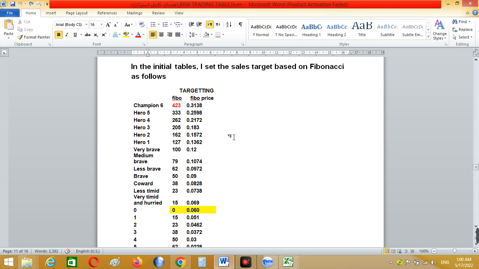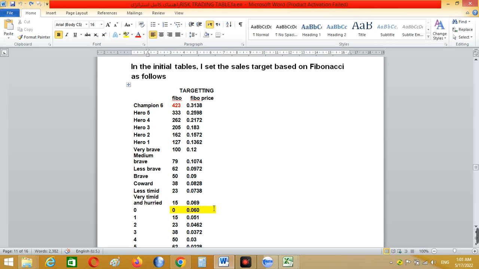We put entry price, and we define some behavior of trader. For example, if your profit is up to 15%, it means that you need to reach this price 0.069, and it means that you are hurried.